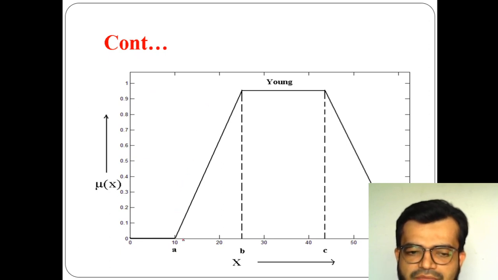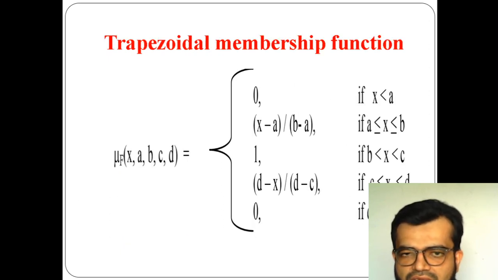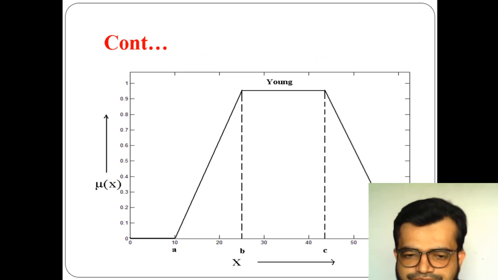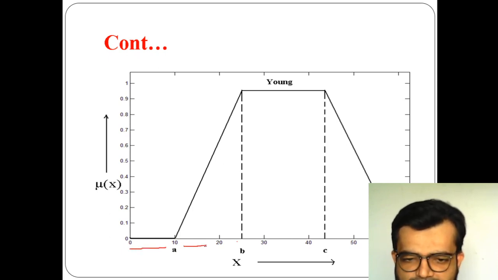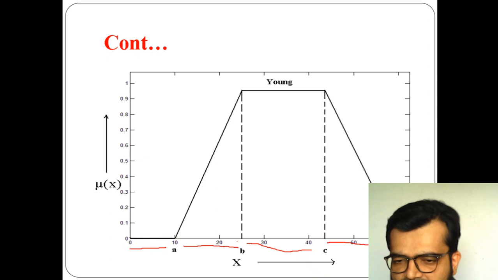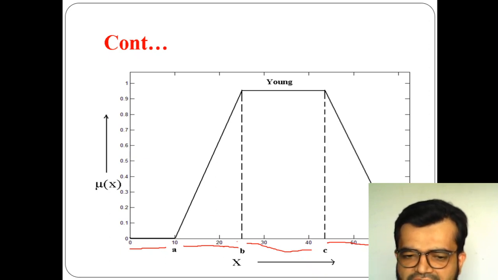This is something like a person's age. Persons from 25 to 45 you can consider as young age, young people. Here the values are 0 to 10, 10 to 25, 25 to 45, and 45 to the last value.